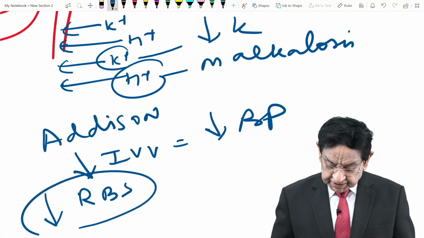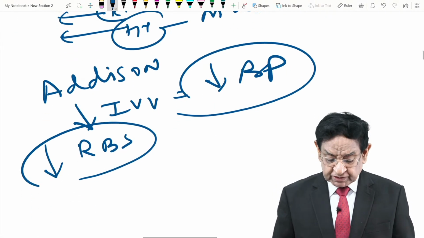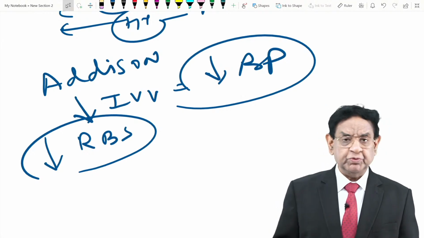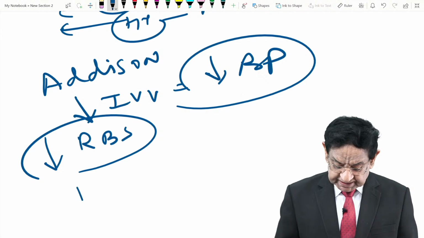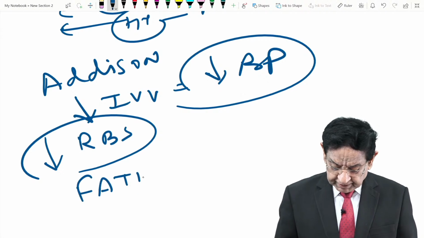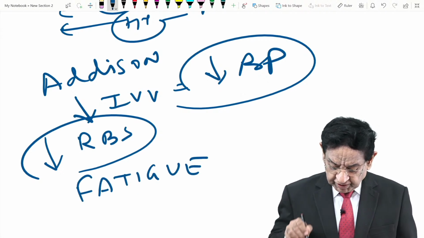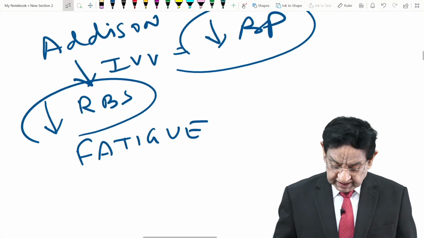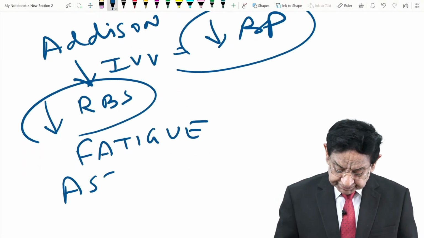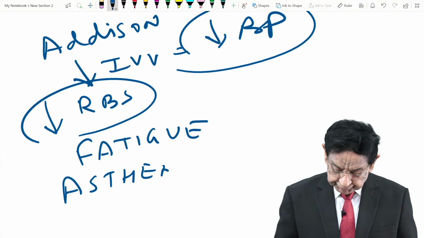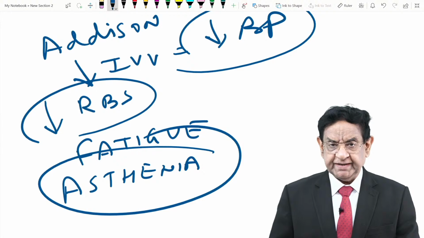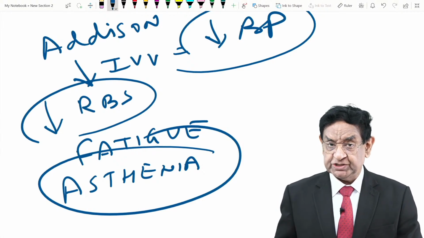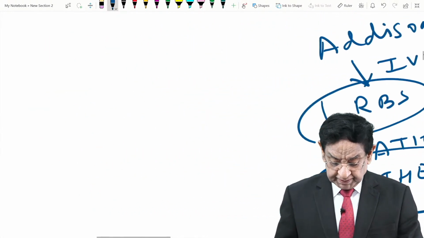So blood sugar is reduced, BP is reduced. Due to these 2 reasons, the commonest presenting feature of Addison disease is fatigue, malaise, and so-called asthenia. Fatigue and malaise are the features of Addison disease, with low sugar and low BP.